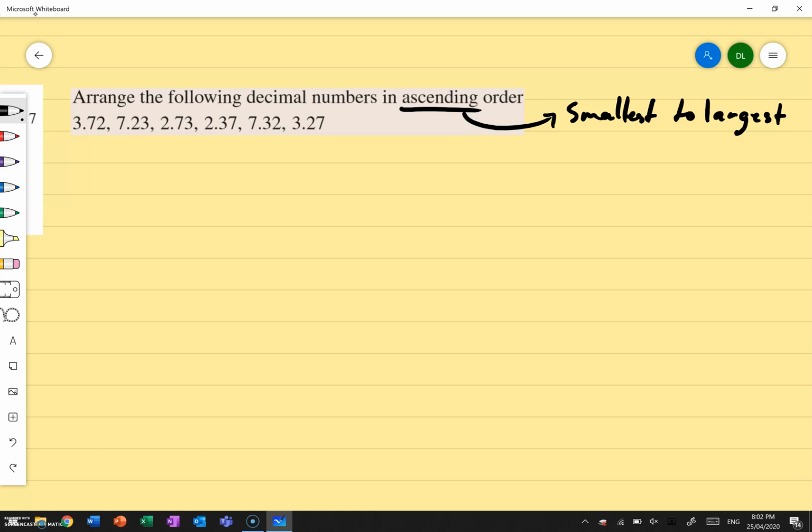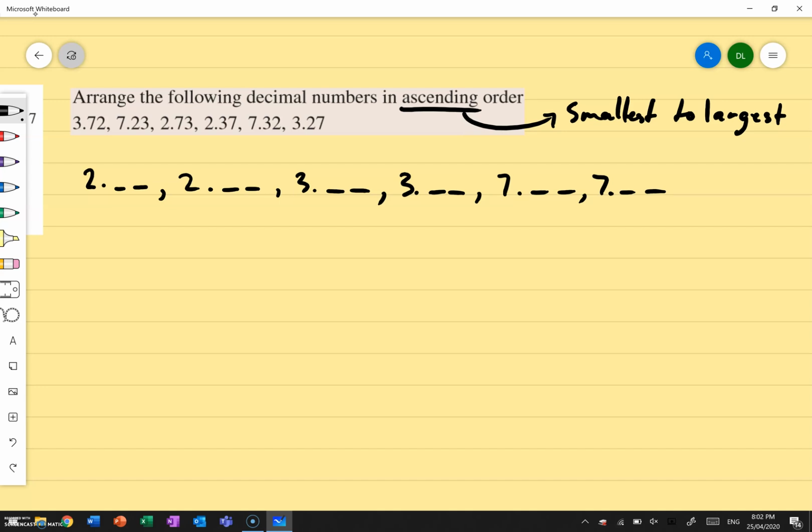Well, in this case, it'd be the ones, because the ones has the biggest role in this. So the smallest value is 2, and then there's 2 here, and 3, 7. So I know that I'm going to have 2 point something something, and then 3 point something something, 3 point something something, and then my 7s.